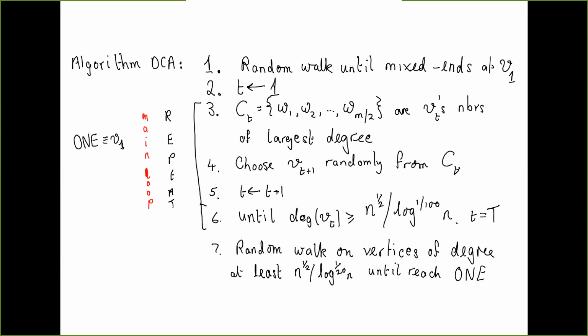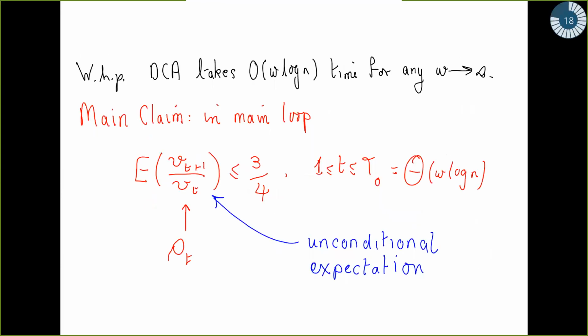Now, I'm getting close to the end of the talk, so I'll skip most of the stuff and say a couple of things. The first thing we did is we proved this. Basically, in the main loop, the expected age goes down by 3/4 every time we do it, up to some big time.